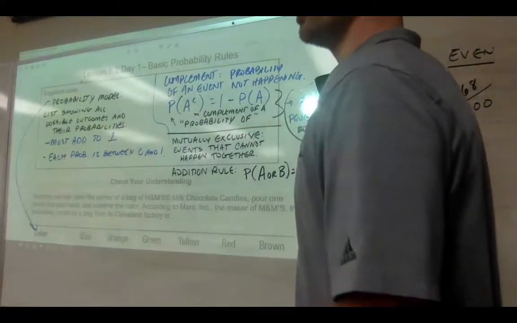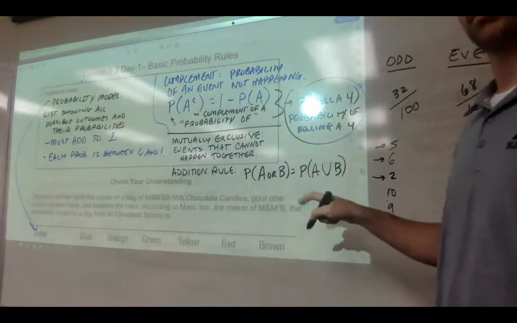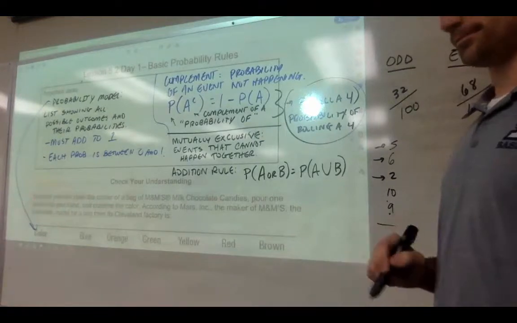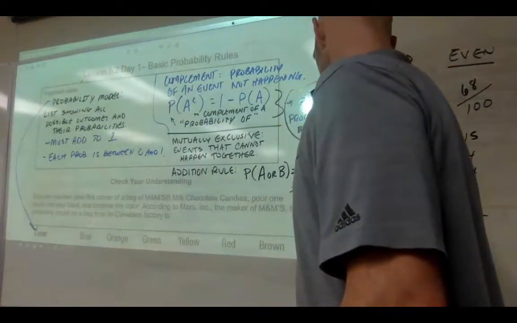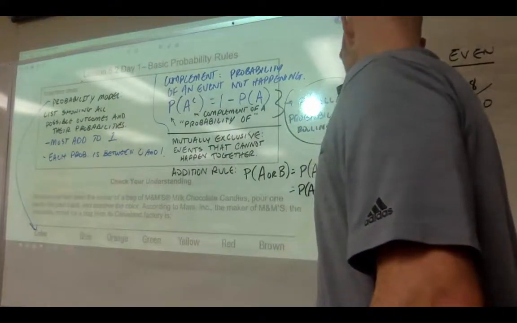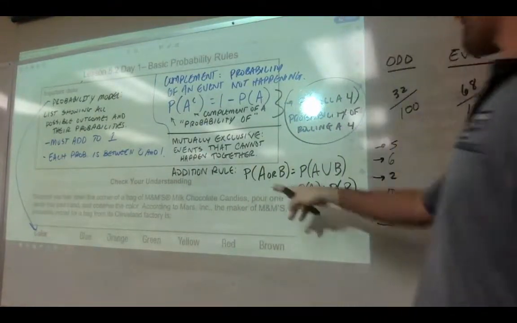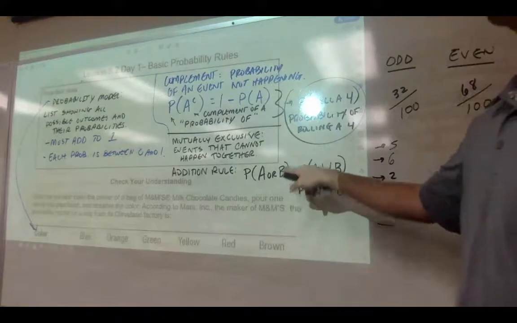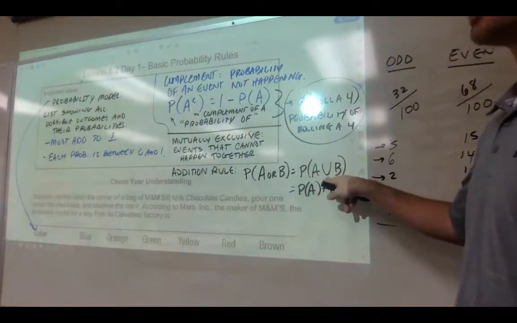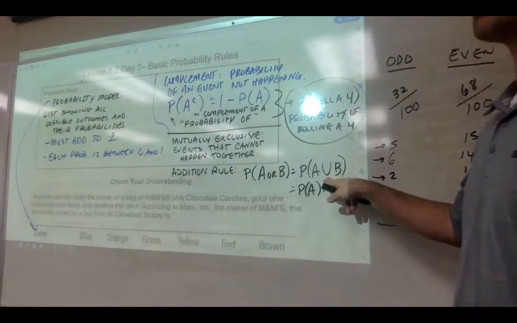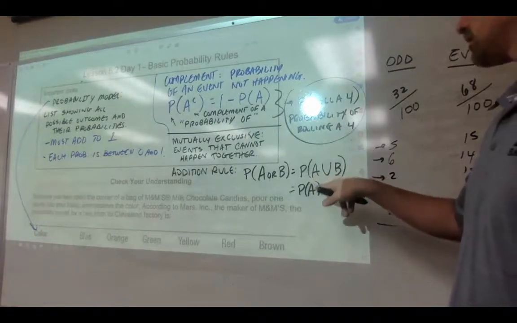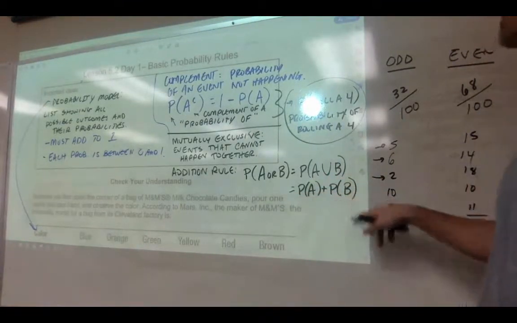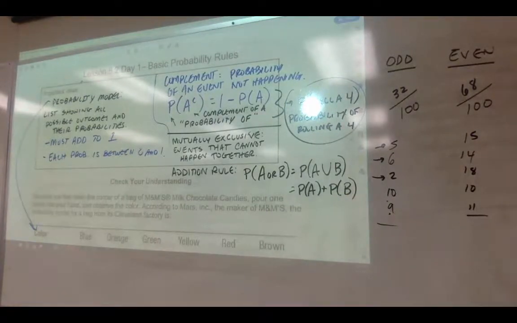This is not a U. It's a union symbol. So the probability of A or B is equal to the probability of A union B. It's a big upside down U, but it doesn't have the tail. Which is equal to the probability of A plus the probability of B.